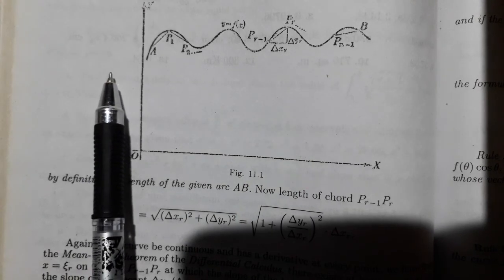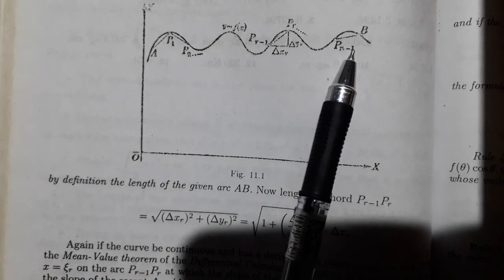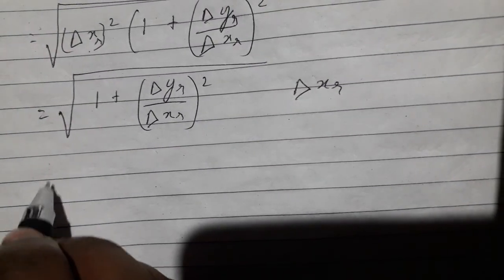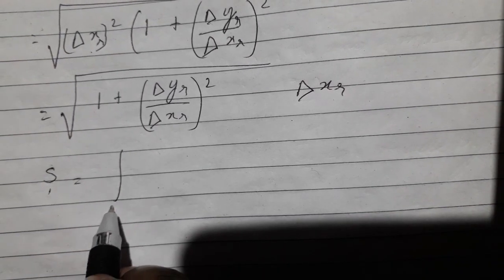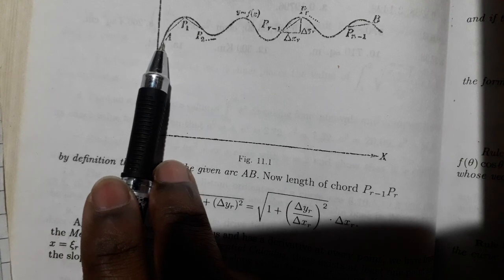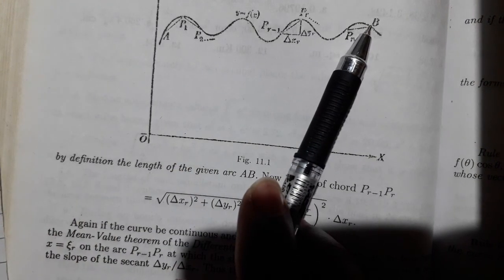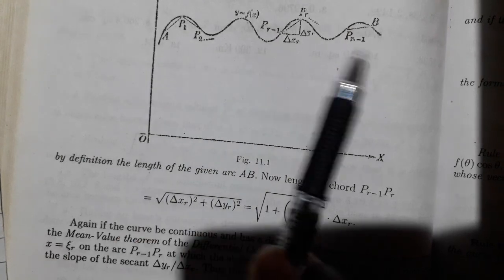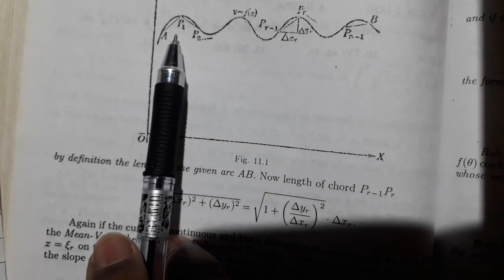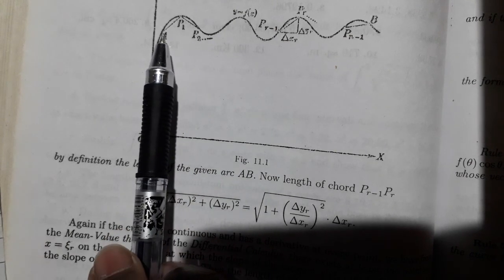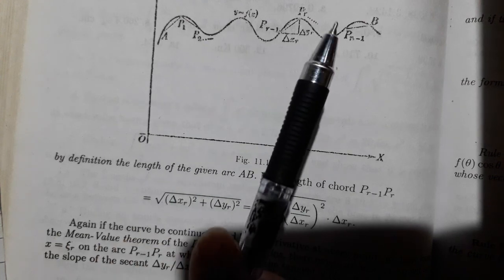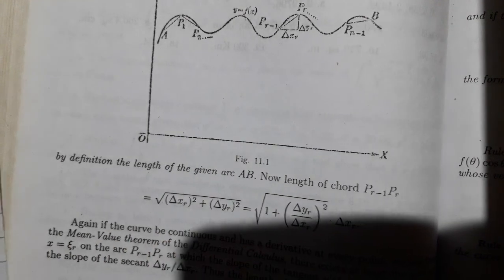I take this point as A and this point as B. I denote the length by S. Suppose the coordinates of A are (a, c) and the coordinates of B are (b, d). Along the x-axis, the integration will be from a to b, but along the y-axis, it will be from c to d.